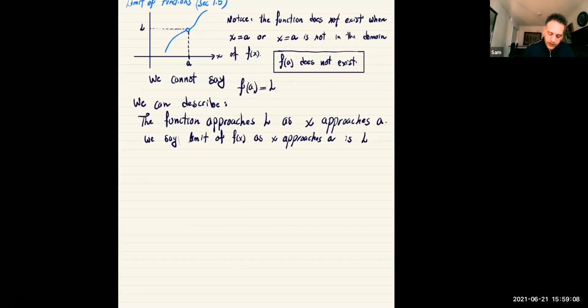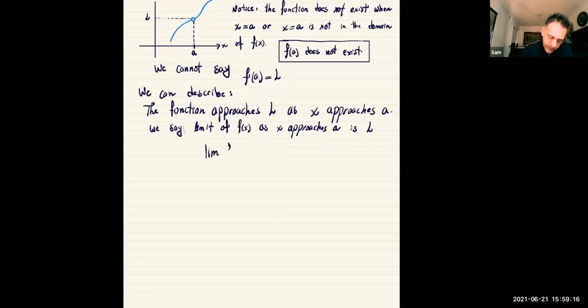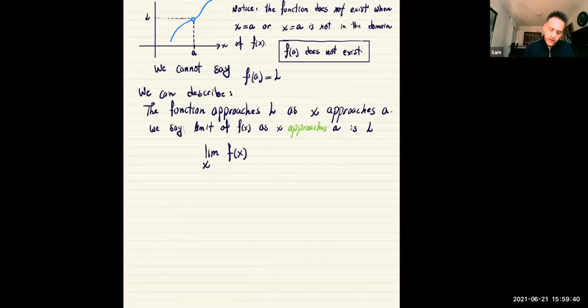For limits, we write LIM, which stands for limit. So limit of f of x, then we write f of x, and to indicate x approaching a, you write x below the LIM notation. And for the word approach, we use an arrow. Let me write that in green. So x approaches a.